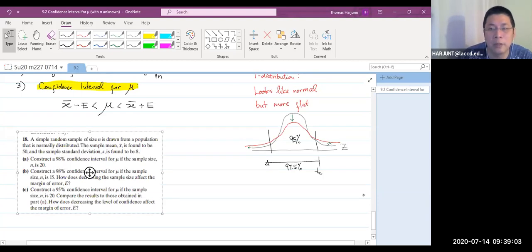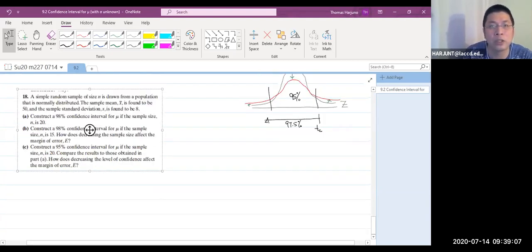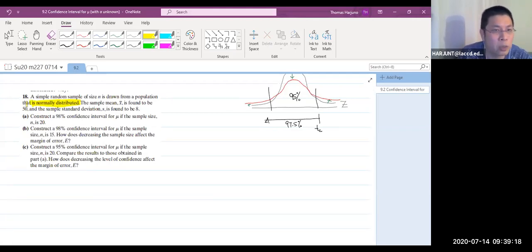A simple random sample of size n is drawn from a population that is normally distributed. The underlying requirement is still the central limit theorem. So either they tell you it's normally distributed such that you can use any sample size, or the sample size is at least 30 for us to be able to use this model.